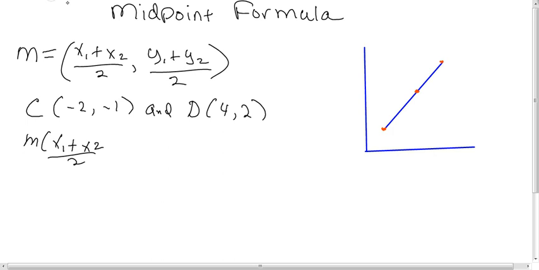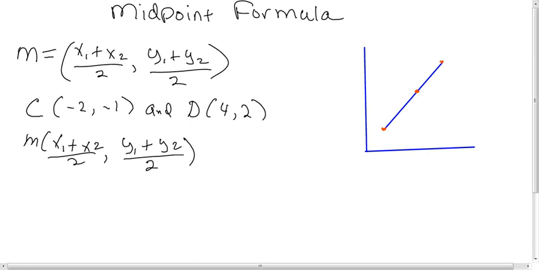As well, so we'll just put a comma there and put y sub 1 plus y sub 2 divided by 2. Okay.